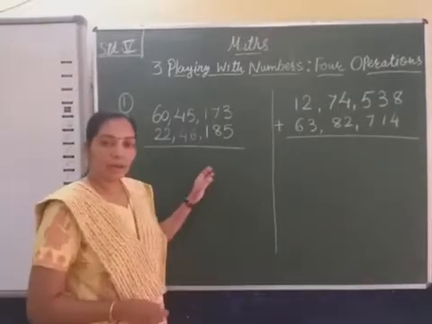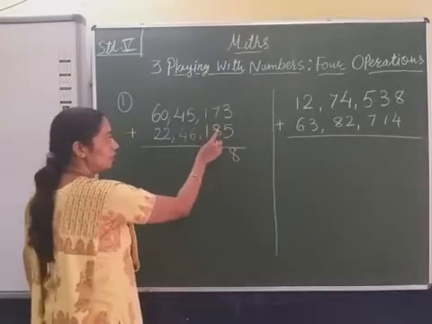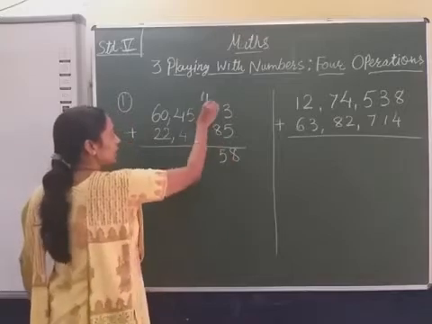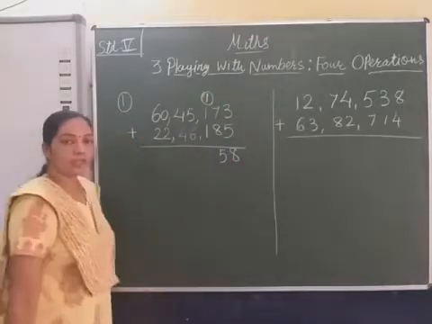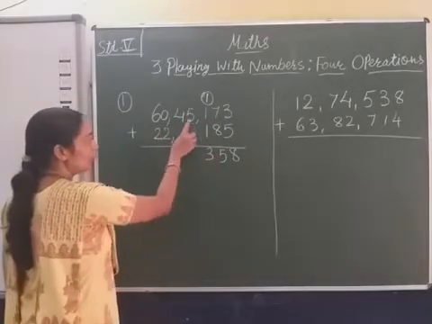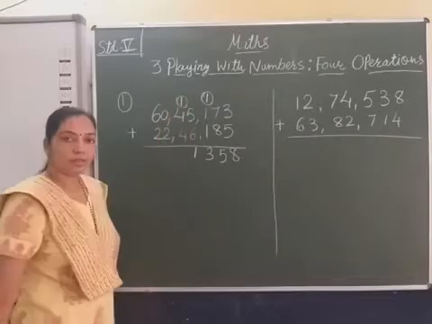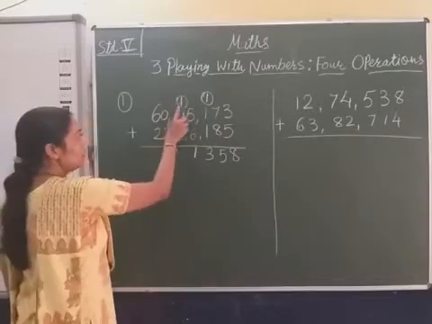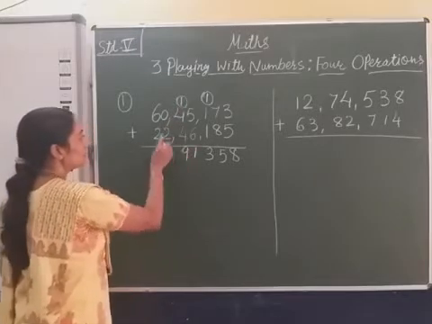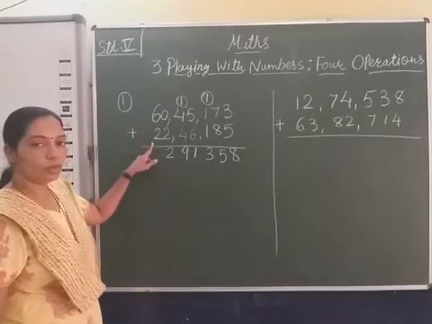So let me start the addition. 3 plus 5, 8. 7 plus 8, 15, 5 will come here, 1 is carried forward. In the hundreds place, 1 plus 1, 2, 2 plus 1, 3. 5 plus 6, 11, 1 is carried forward to the ten thousands place. 1 plus 4, 5, 5 plus 4, 9, 0 plus 2, 2, and 6 plus 2, 8.